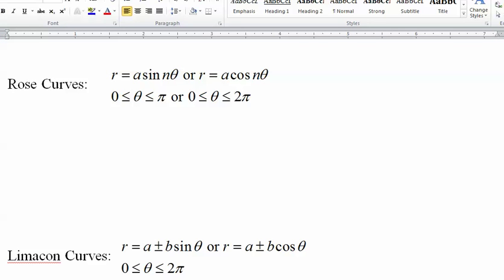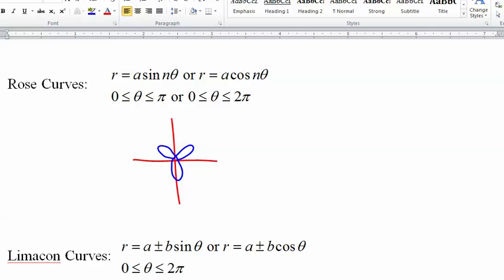You have a rose curve, which we showed you, and it's got all sorts of permutations. You could have 3 petals, which is really horrible. Sometimes it goes 0 to pi, sometimes it goes 0 to 2 pi. You have to check it out.